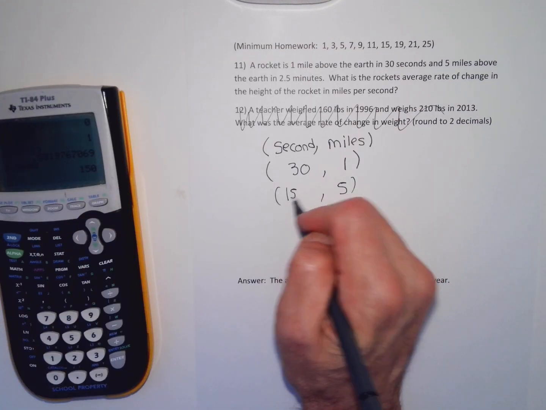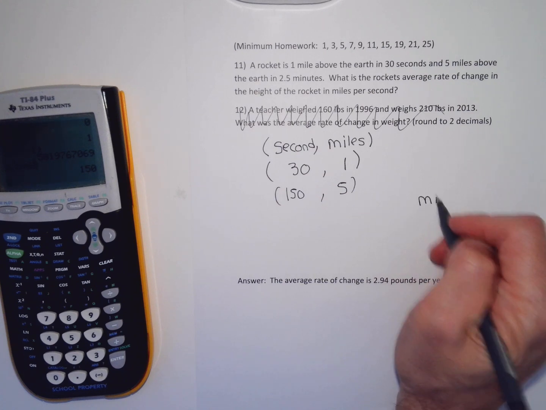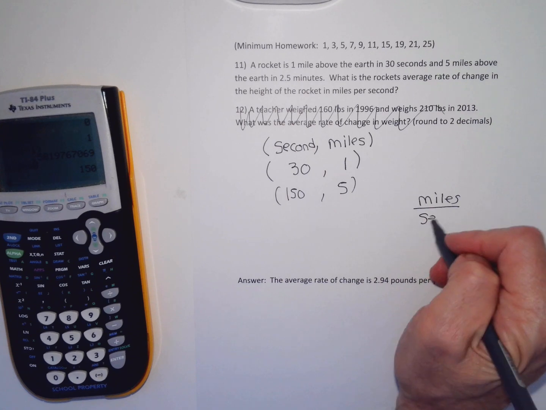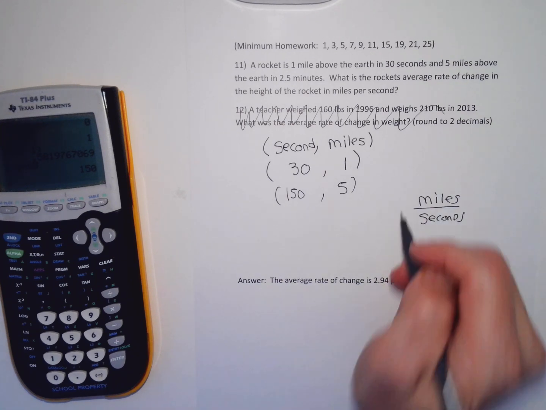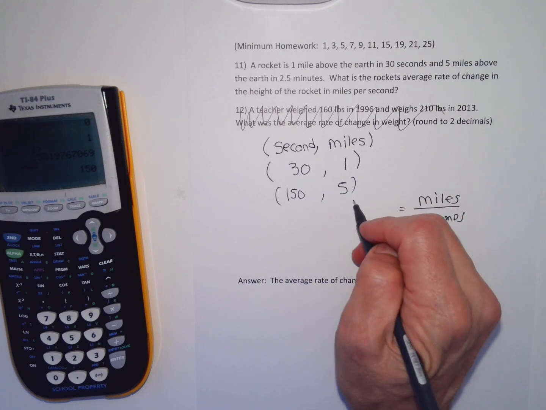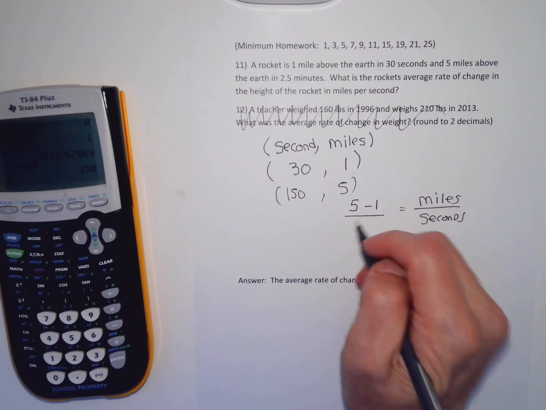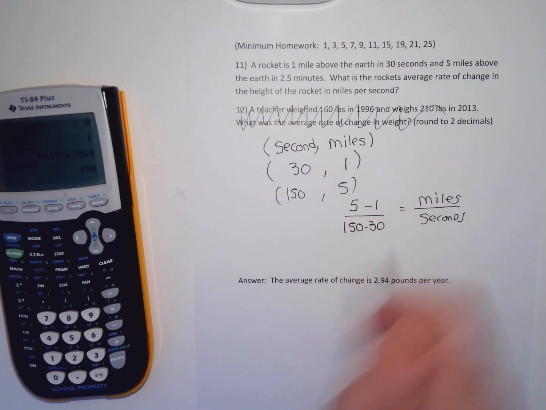So now I can do my average rate of change. The units in the numerator are going to be miles. The units in the denominator are going to be seconds. So my answer is going to be in miles per second. So let me form my fraction. Y coordinate of the second point minus y coordinate of the first point divided by x coordinate of the second point minus x coordinate of the first point.